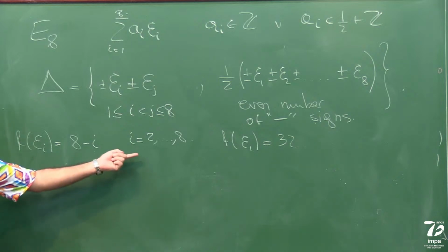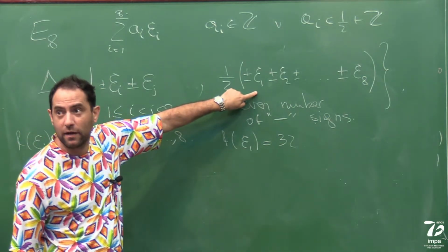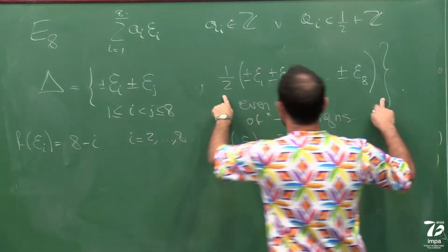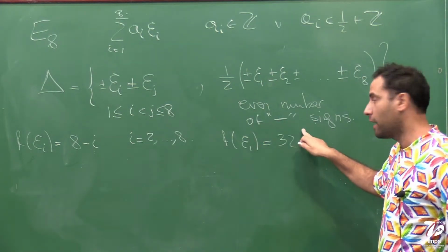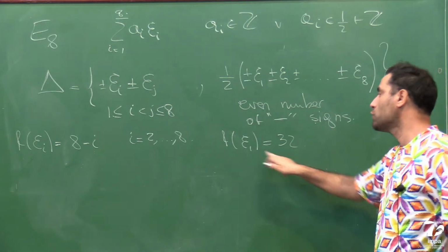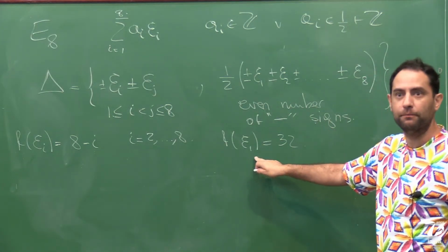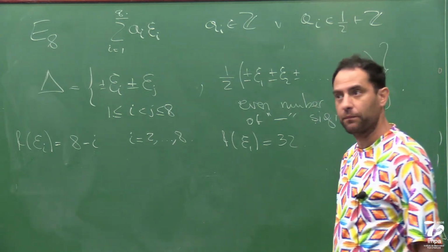Okay, so I'm looking for the minimum value of f. Again, I've chosen this thing to be integer. There's some subtlety here in that I need to check that f on this thing is going to be an actual integer. But since I have this condition that there's an even number of minuses, this is going to hold if I choose f of epsilon 1 to be an even number. So I couldn't have taken 10 million minus 1.